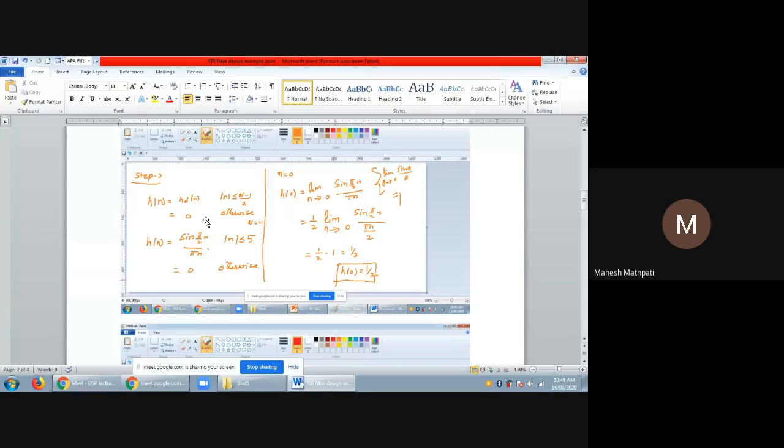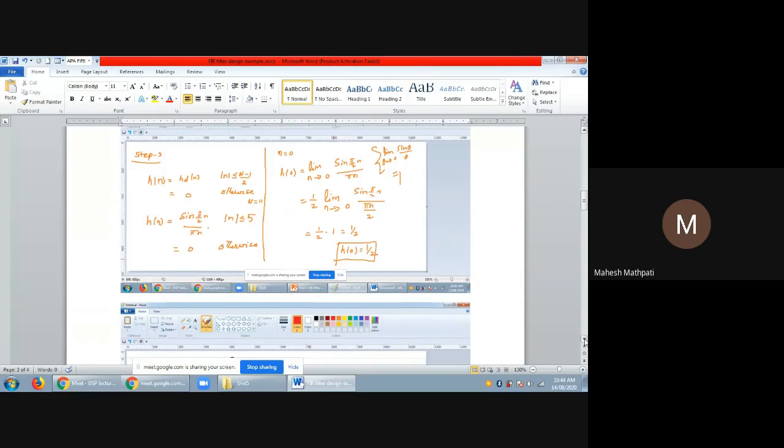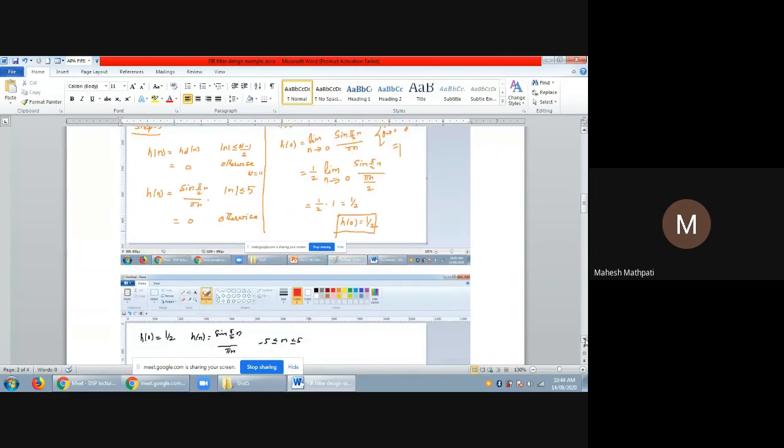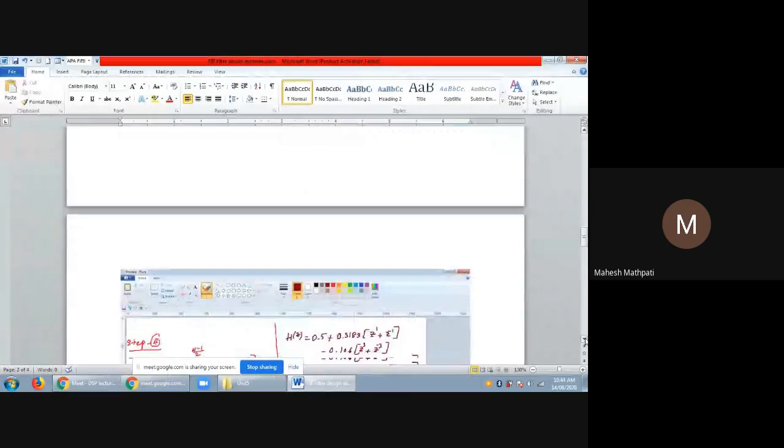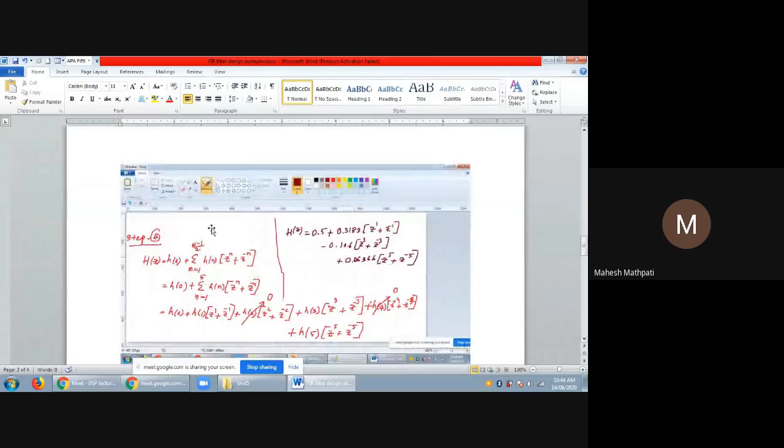With that we calculated the value of h of n, noted here for N equals 11. Then in step 4, we wrote the transfer function, that is H of z equals h of 0 plus summation n equals 1 to N minus 1 by 2 of h of n times z power n plus z power minus n.